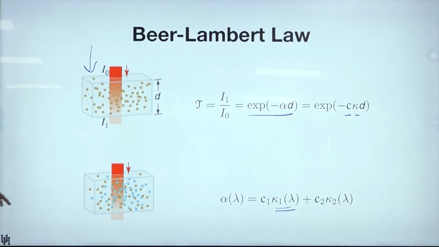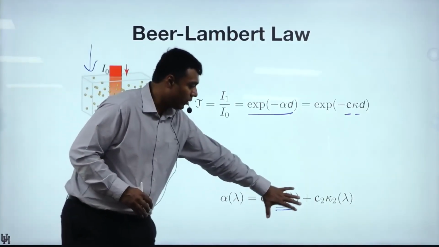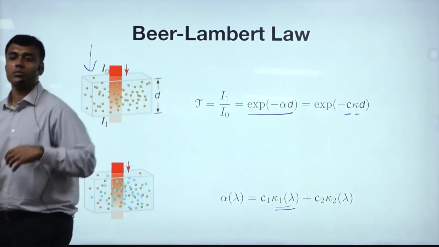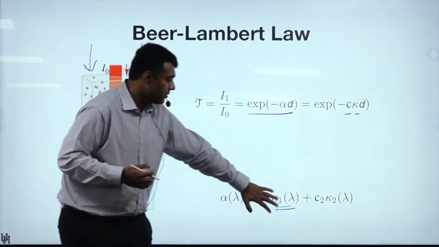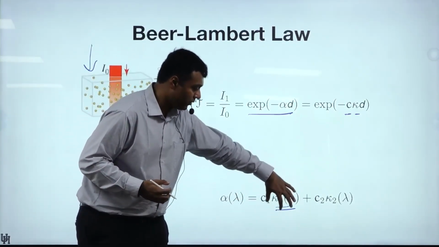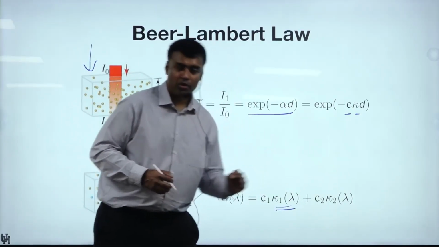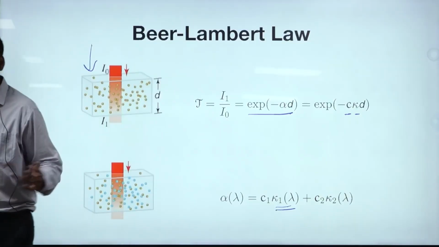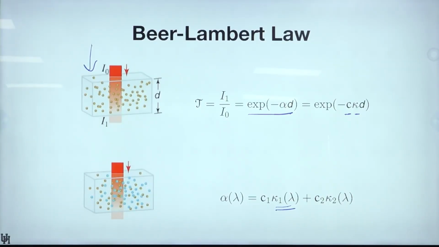So let's say there are molecule 1 and molecule 2 and both are absorbing. The concentration of the first times the absorption profile of the first molecule, plus the concentration of the second molecule times the absorption value of the second. So the overall absorption coefficient may not be because of just one molecule.